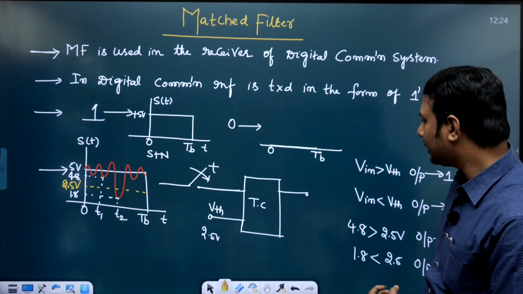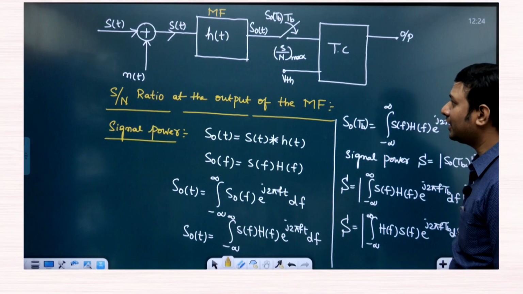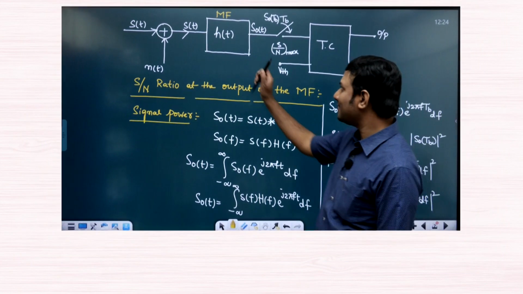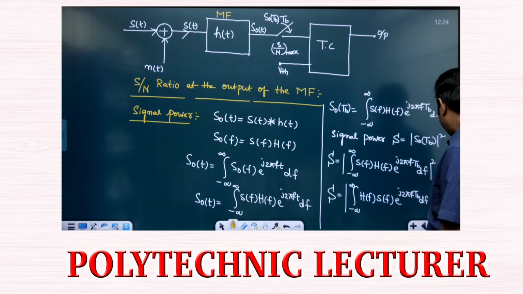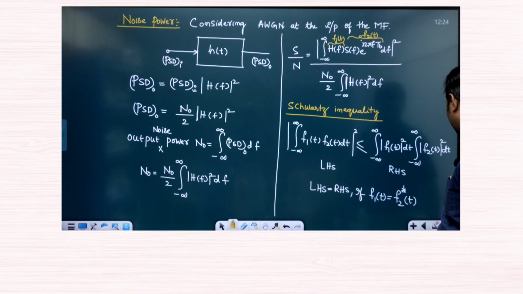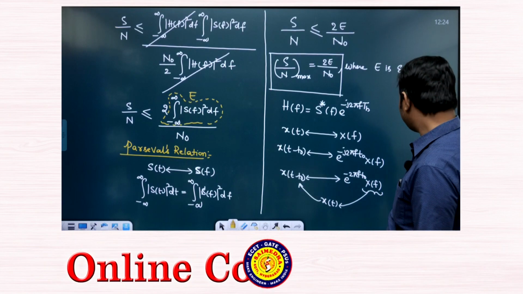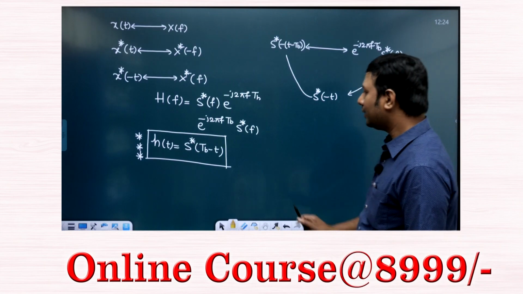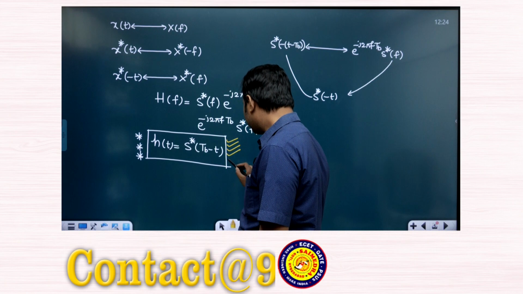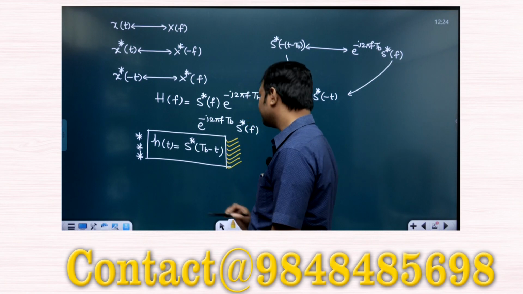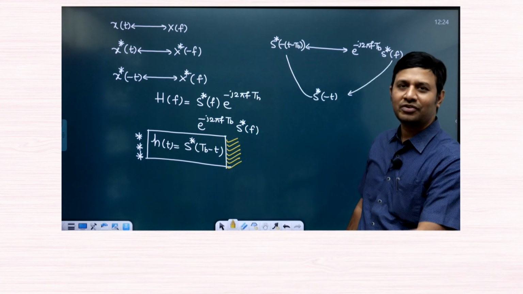And what is our objective in matched filter? Our objective is, in the process of maximizing the signal to noise ratio, to find out the impulse response of the matched filter, and the impulse response of the matched filter is related to the input s of t like this. Right? Hope you understood this concept.